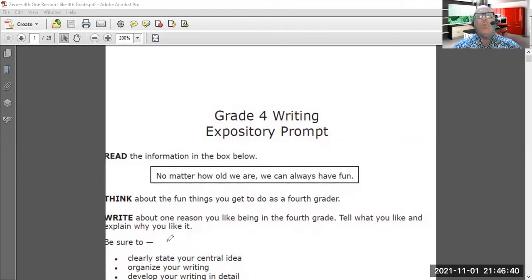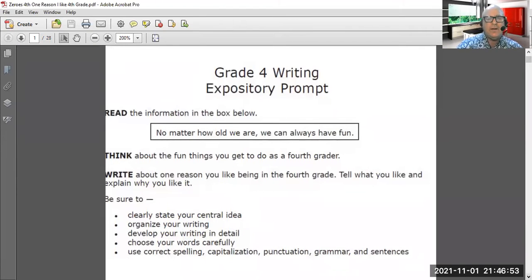And the second part, why do you like 4th grade? A what and a why. To get to a 1, clearly state your central idea; for a 2, organize; for a 3, develop; for a 4, choose your words carefully. And to hold on to the 3 or the 4, make sure you have good conventions.